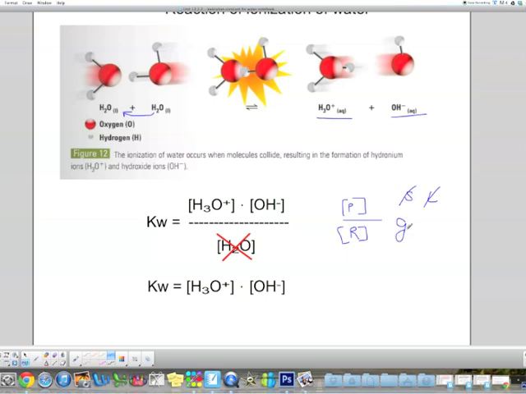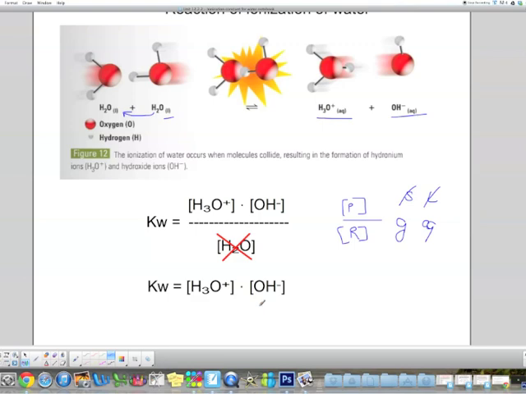So we only work with gases or with aqueous solutions. So if I write my equation, my products are H3O plus, OH minus, one times the other, over the reactants. The reactant is H2O. Well, H2O is a pure liquid in this case, so I do not include it. That's why I crossed it out. So my Kw ends up being the concentration of H3O plus times the concentration of OH minus.